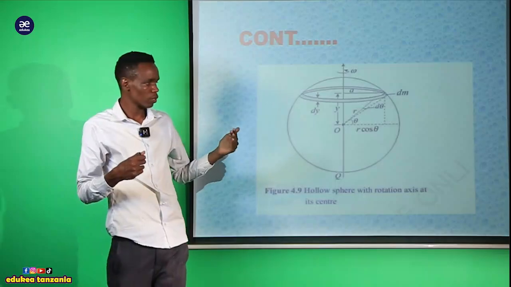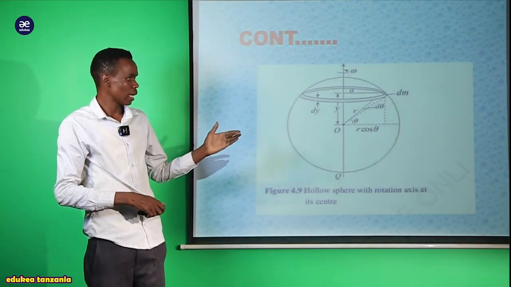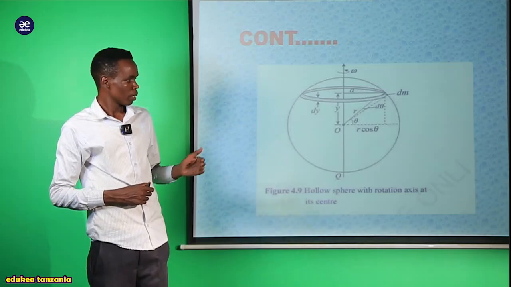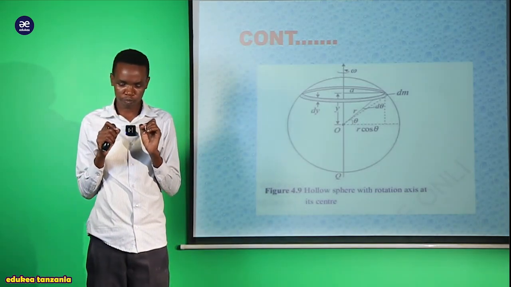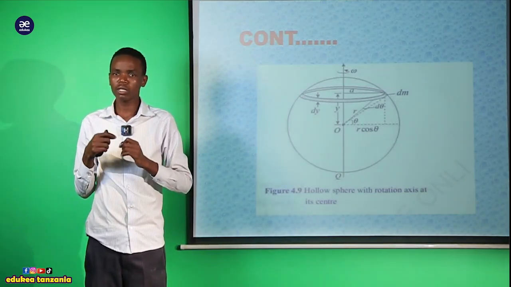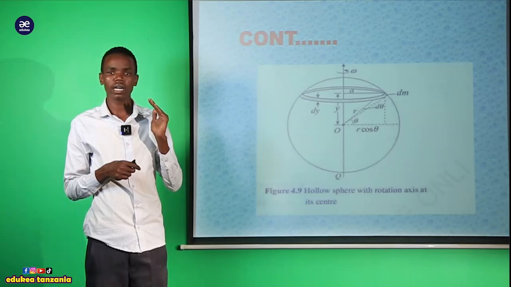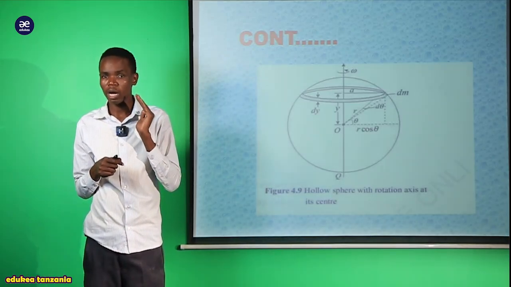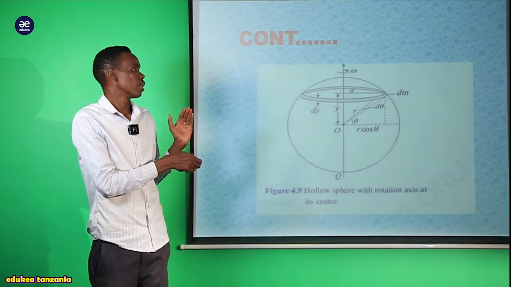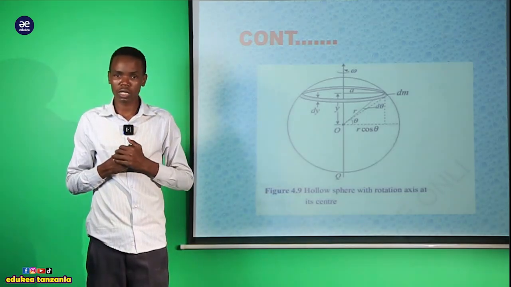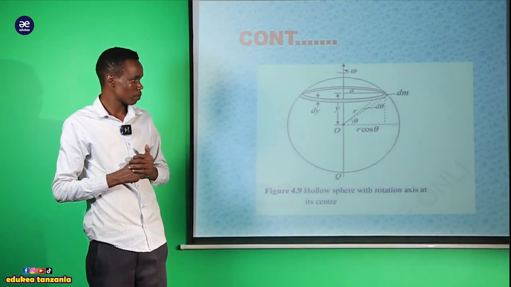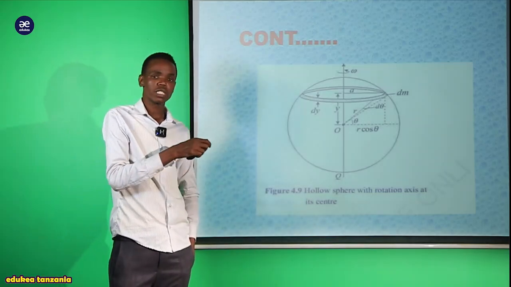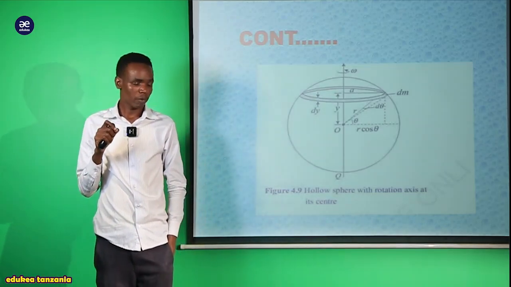Now we are going to see first why we get r cos theta, because this elemental ring contains the small change of the angular displacement, the small change of the mass, and the small change of the displacement.